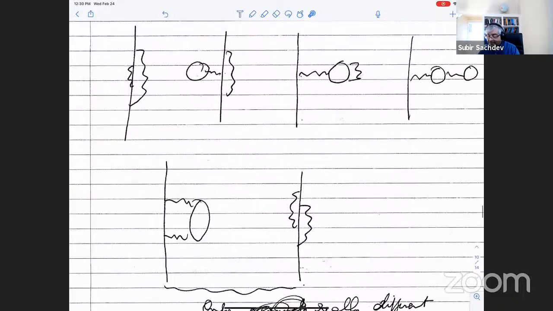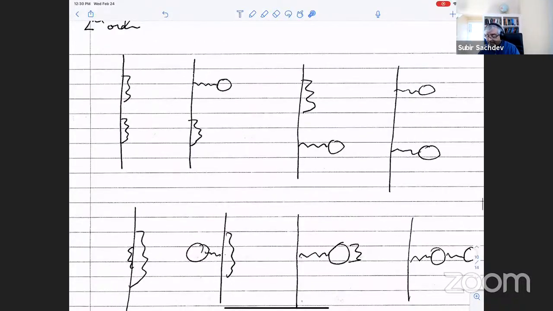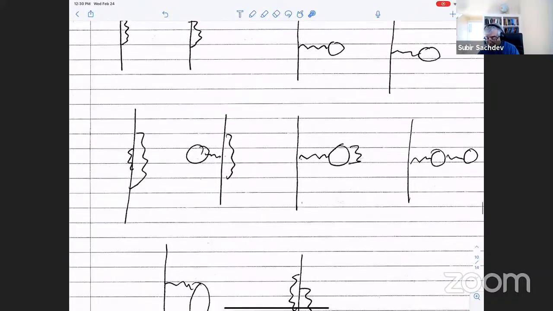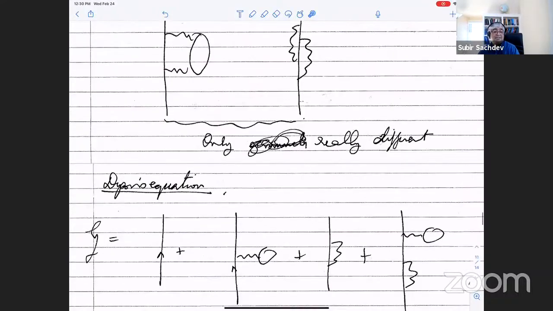Okay, so what we'd like to do is not have to worry about these diagrams, which are really more of the same, which are still topologically distinct. So there's another trick that we can now use, and that's called Dyson's equation.